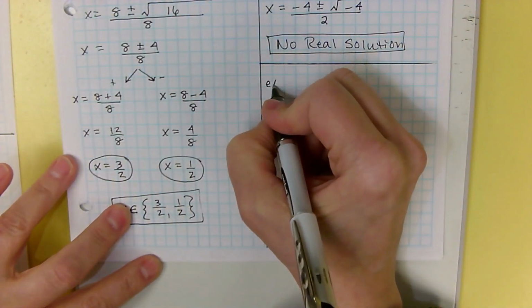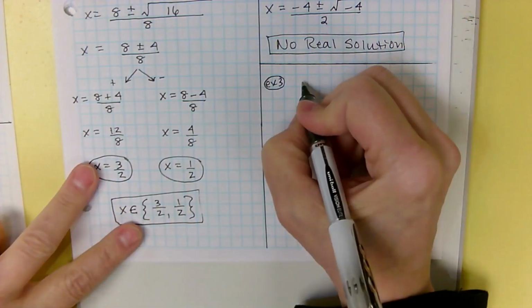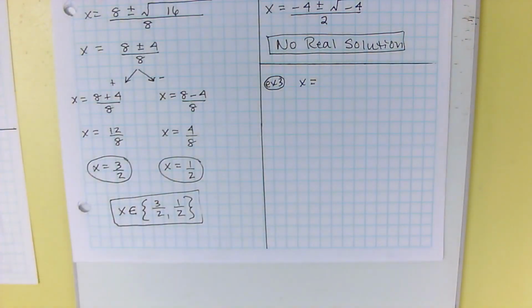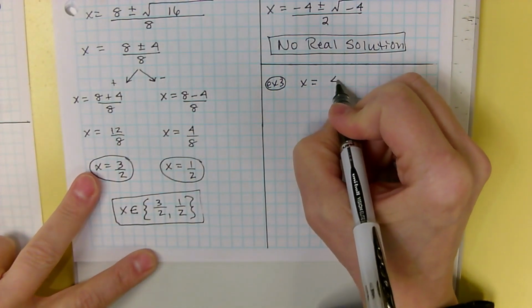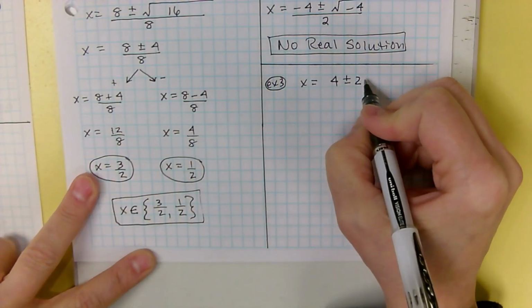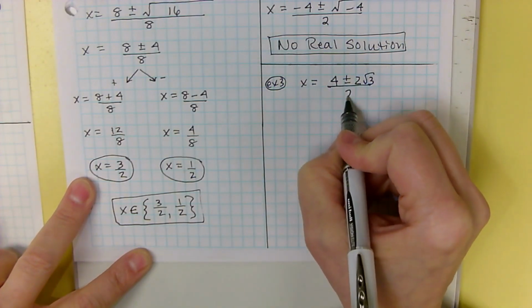All right, example 3. This example, we're going to jump in halfway through on the problem. So you've already used quadratic formula. You've already simplified. And what you have is 4 plus and minus 2 radical 3 all over a 2.